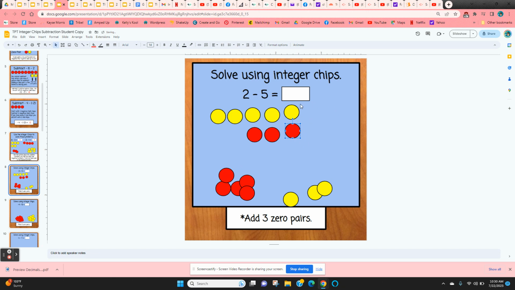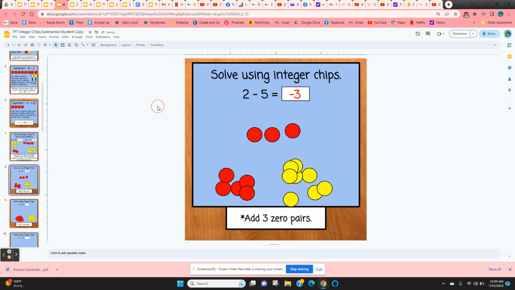Now I have 5 to subtract, so I'm going to get rid of these 5. 1, 2, 3, 4, 5, and I'm left with my answer 3 negatives or -3.